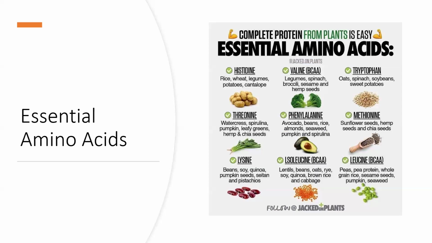But if you are trying to avoid certain amino acids, then you have to pay attention. Avocado is really high in phenylalanine. If you're trying to avoid phenylalanine, then maybe don't eat avocado. Or if you need a particular amino acid, maybe you want to have more of one type of food. So why would you want to avoid some amino acid?